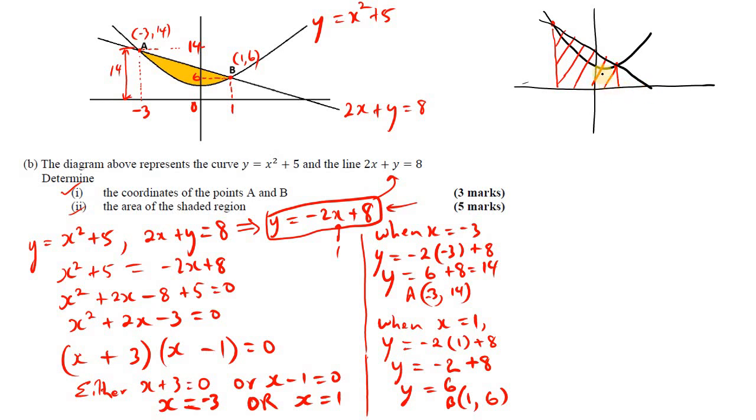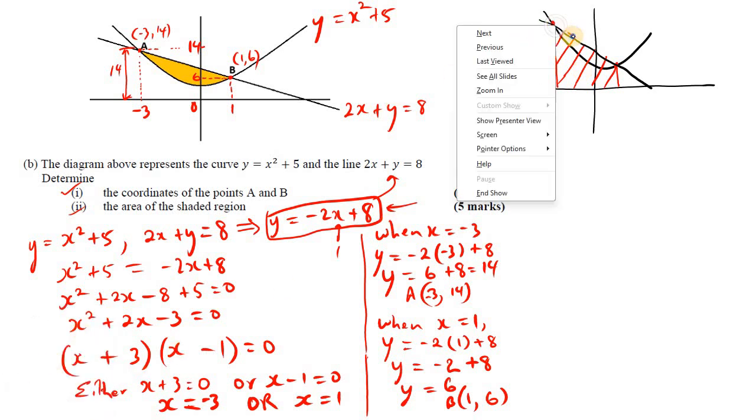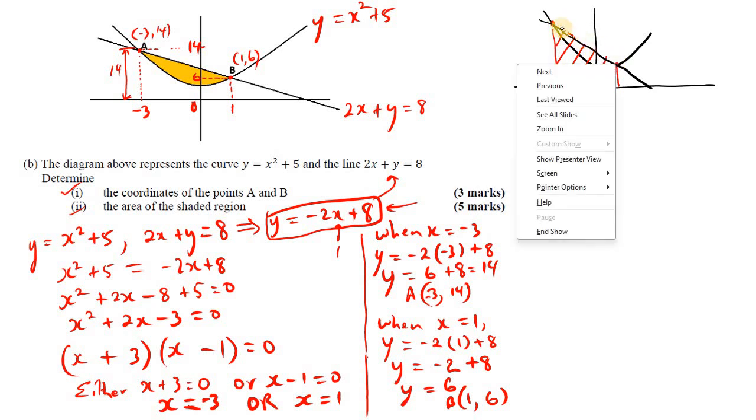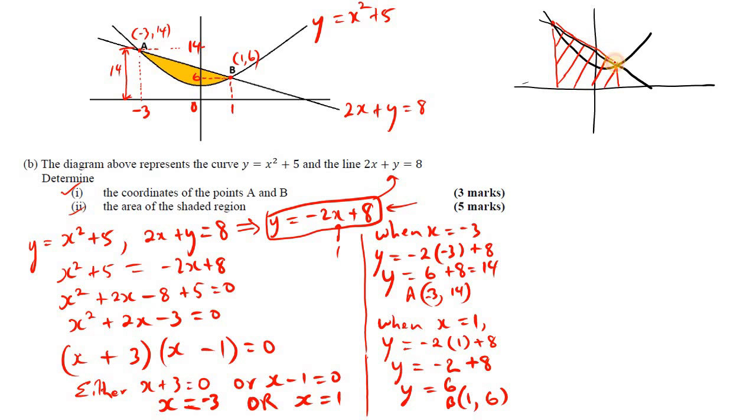If we look at this straight line going down here, let's use the color red. Now this shape here, that's basically a trapezium, because we have two sides that are parallel, and then we have some right angle here.